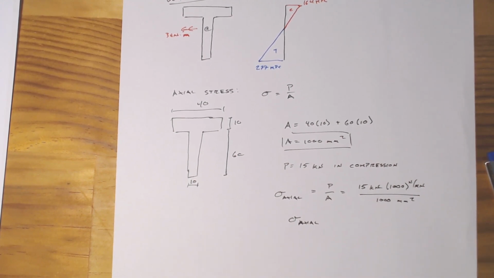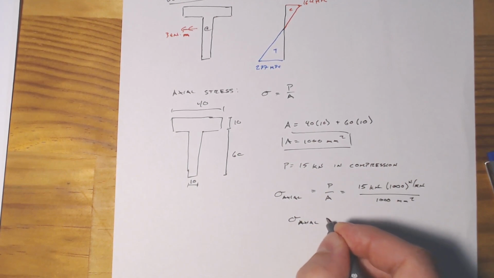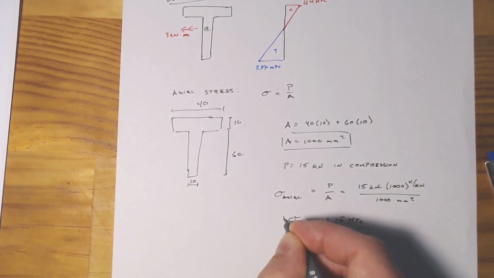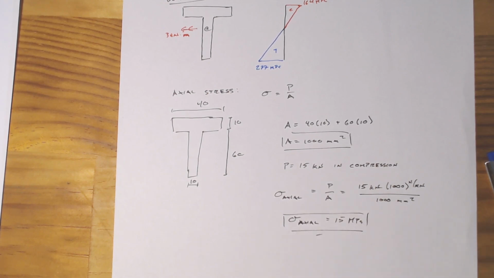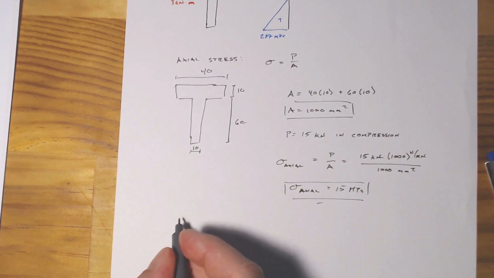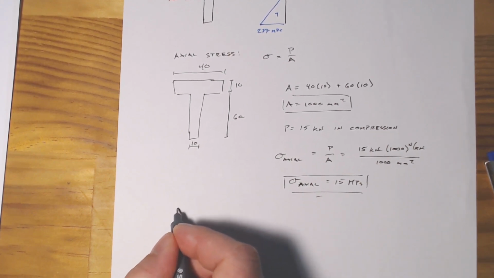Our axial stress is going to equal 15 megapascals, and it's going to have a stress distribution. Again, we'll just sketch it out here.